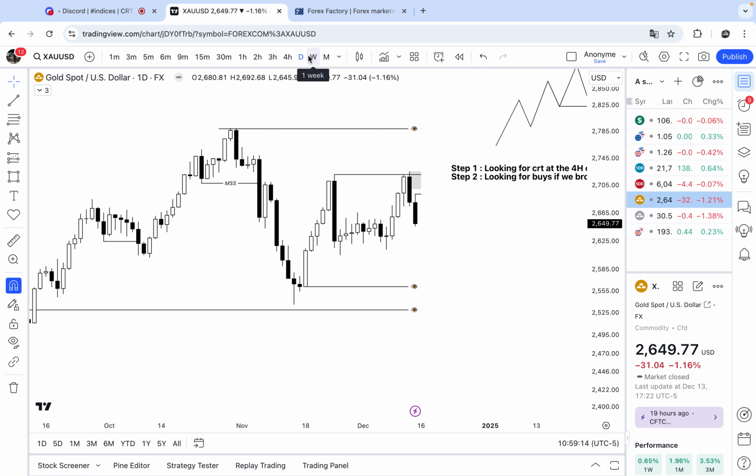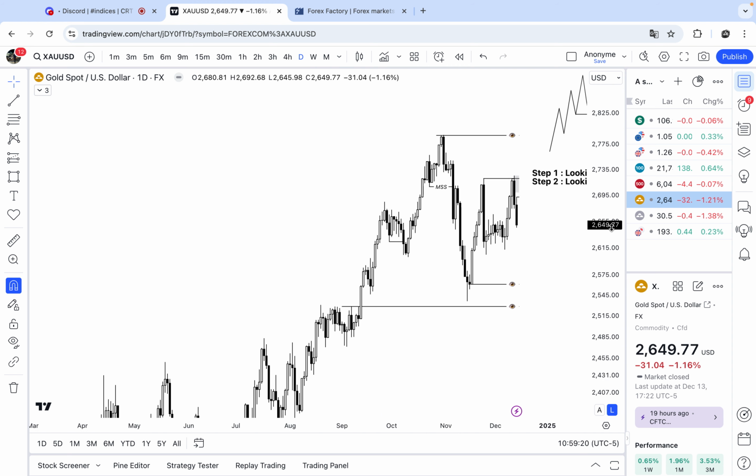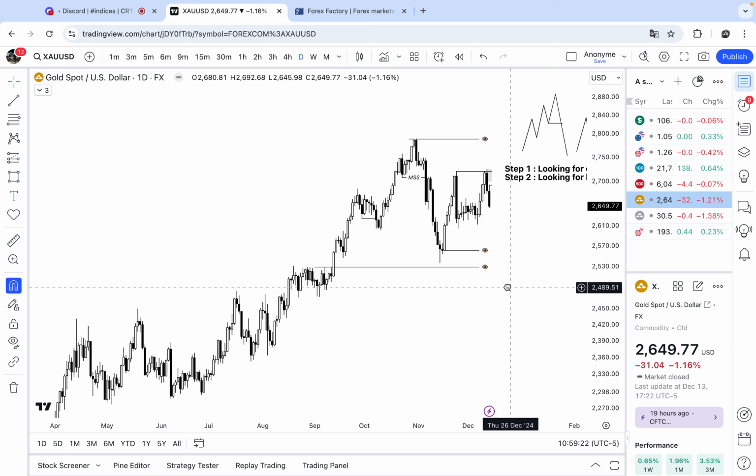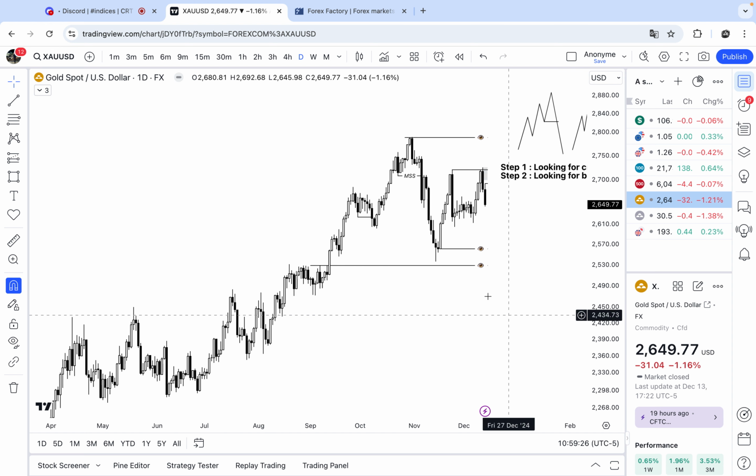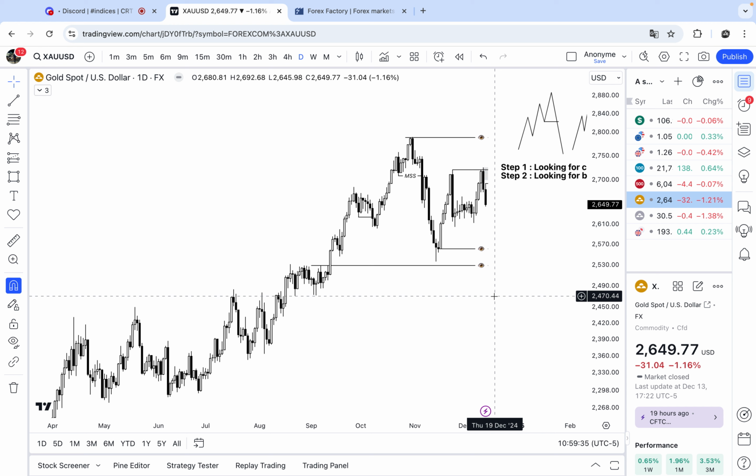That's why I did not take the daily key levels. But if the weekly key levels were way down here, it's too far. The price will probably not reach this far. This is when I'm looking for daily key levels. I don't know if you understand.